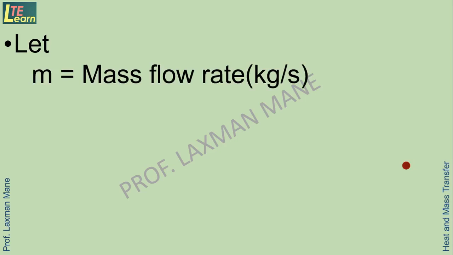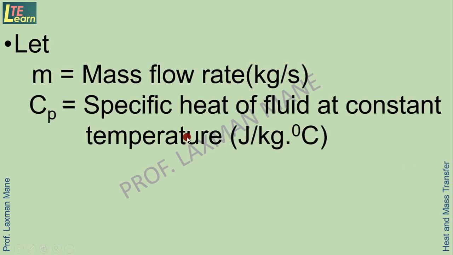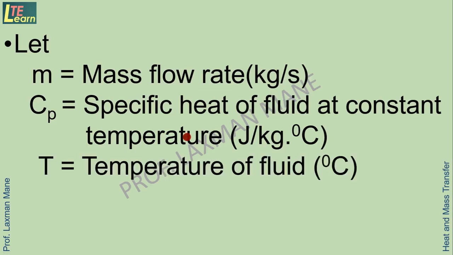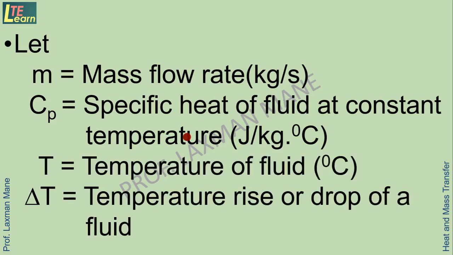So let m be the mass flow rate of the fluid passing through the heat exchanger, Cp the specific heat of fluid at constant pressure, T the temperature of fluid, and delta T the temperature rise or drop of a fluid based on the situation.